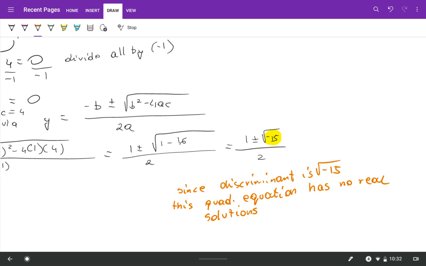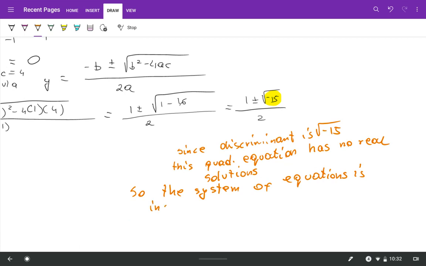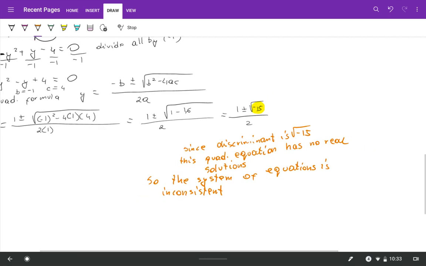Again, you cannot take the square root of a negative number, that's why. So the system of equations is inconsistent, which means it has no solution. What does that mean when you graph it? That means that those graphs will never intersect.